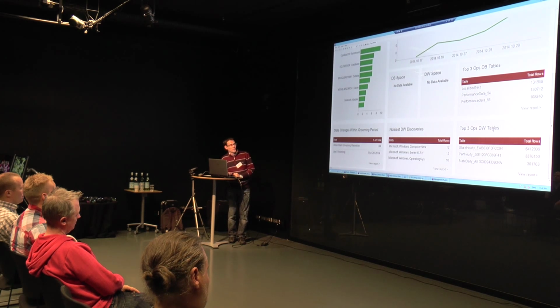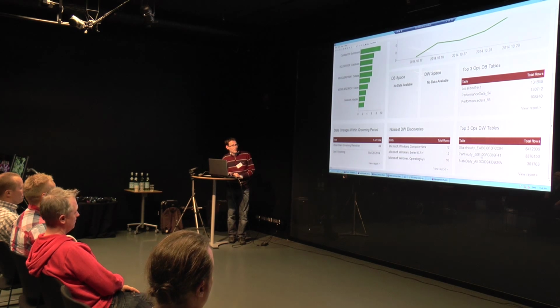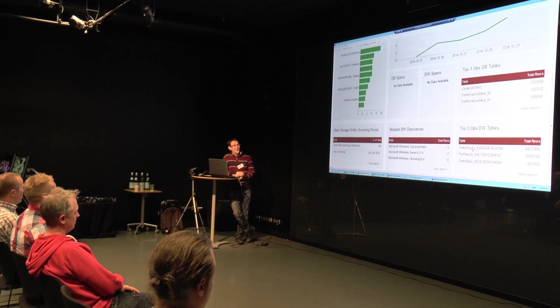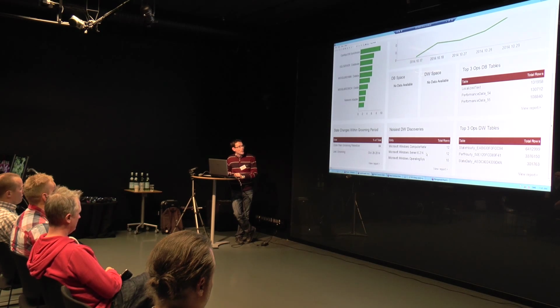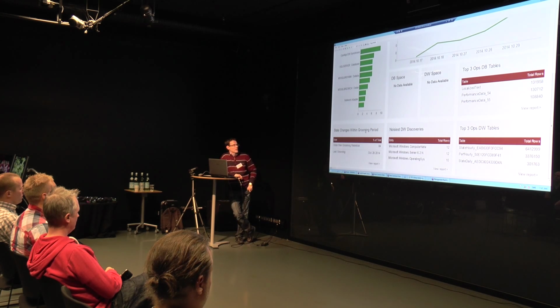In the data warehouse, however, here you see perf hourly, which is also performance data. But you see state. I do have too many state changes. It's the number 1 table in my data warehouse. Not good. So I need to do something about that also. My noisiest discoveries. And then state changes within grooming period. I have 84% of state changes that are older than the grooming period of SCOM.